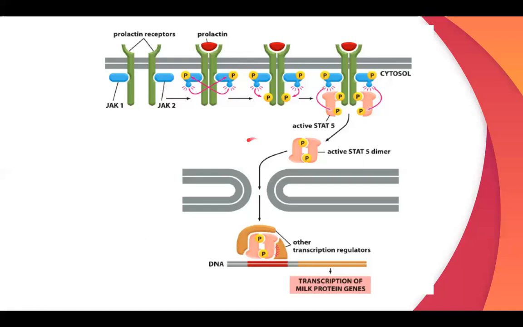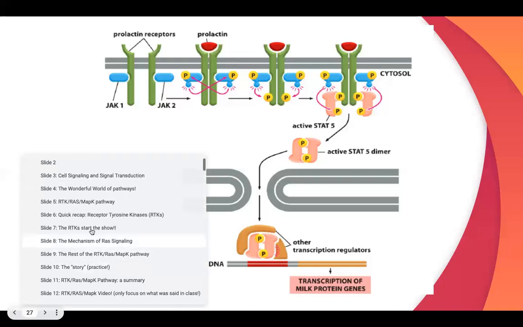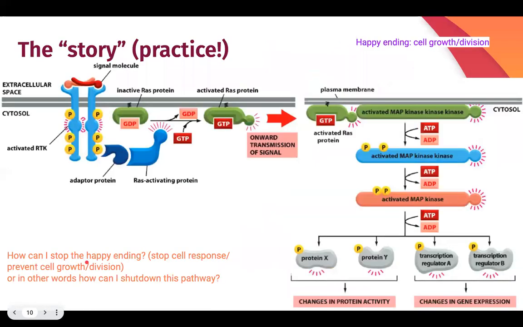And then an SH3 domain. So this would be an SH3 domain right here. There's an SH3 domain on, where am I? Slide 10. I don't have numbers. Okay, so there's an SH3 domain on the adapter protein.